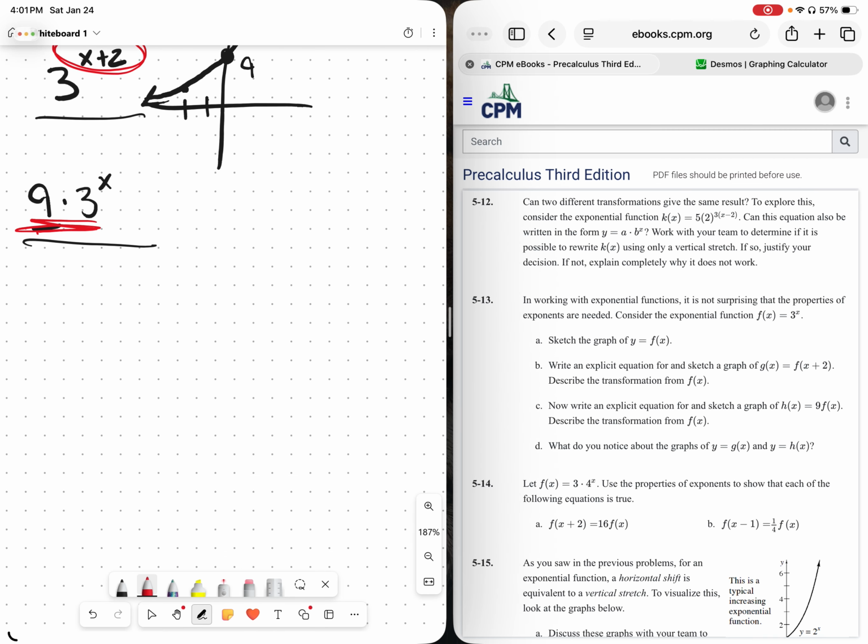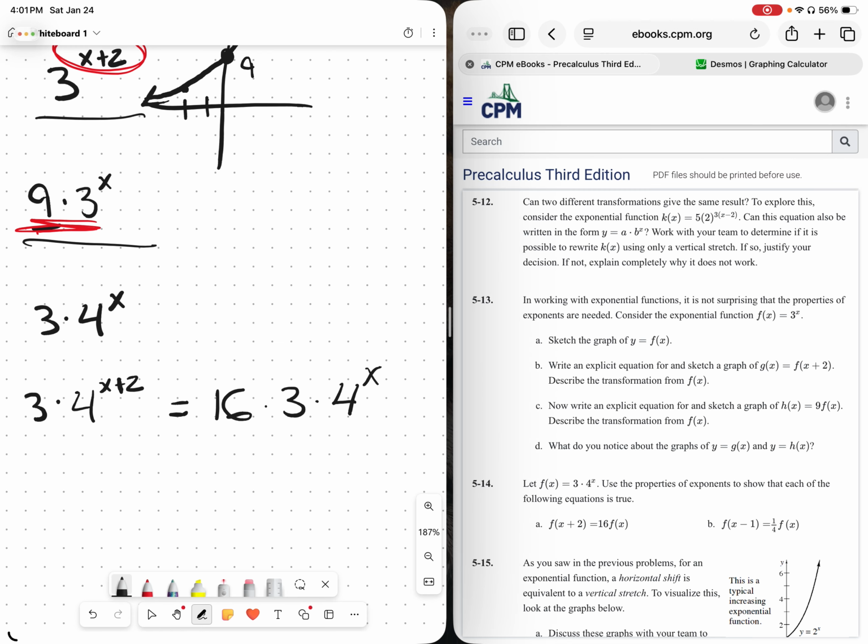Looking at 14, we have now a function of 3 times 4 to the x. Same deal, let's look at f of x plus 2. This would be 3 times 4 to the x plus 2, and we're going to set it equal to 16 times 3 times 4 to the x. So we just multiplied it by 16.